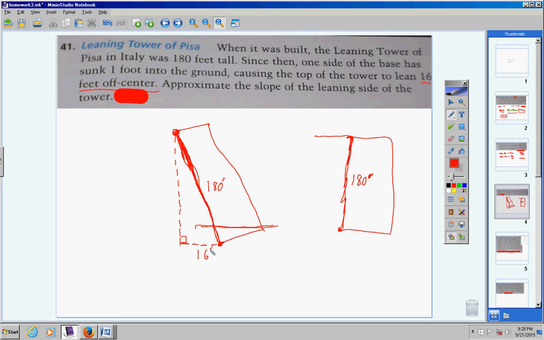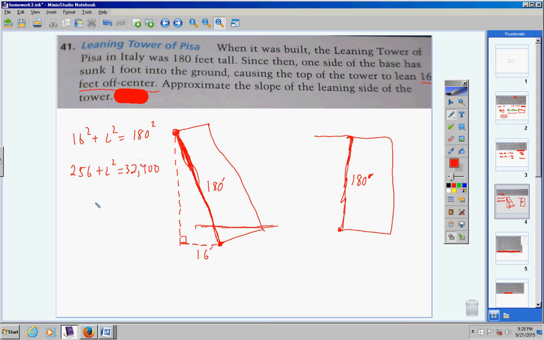Okay, so quickly using Pythagorean's theorem, leg squared plus leg squared equals hypotenuse squared. 16 times 16 would be, and sorry students, I don't have that done, 256. 180 squared would be 32,400.